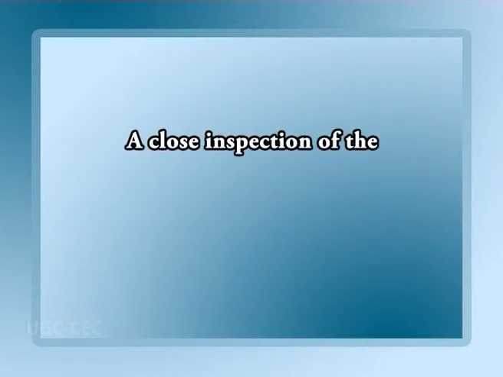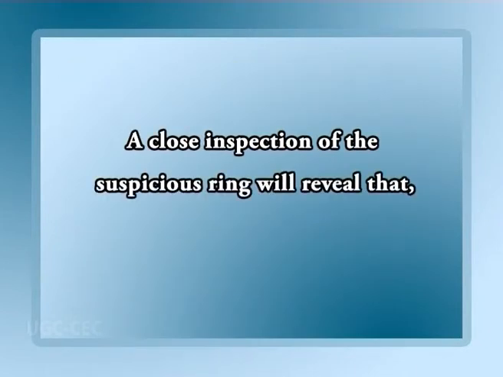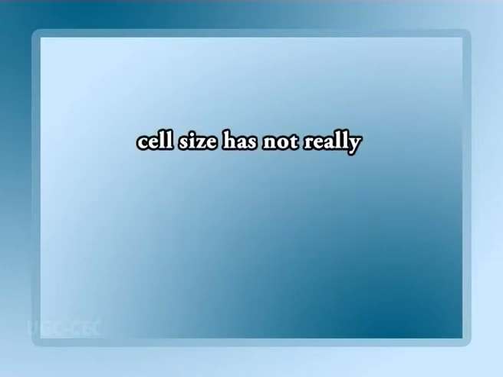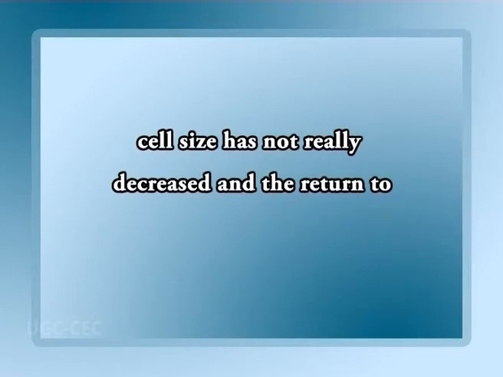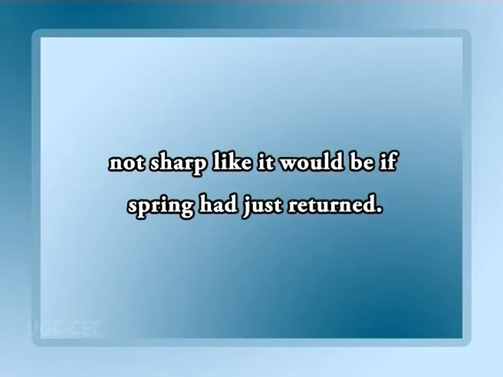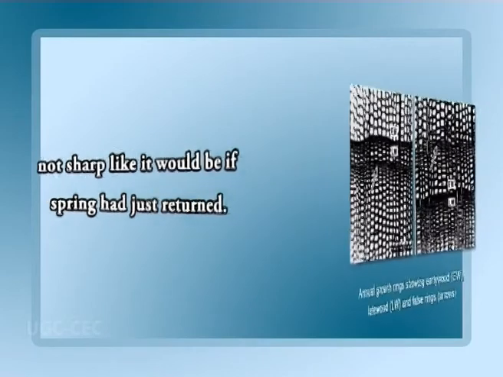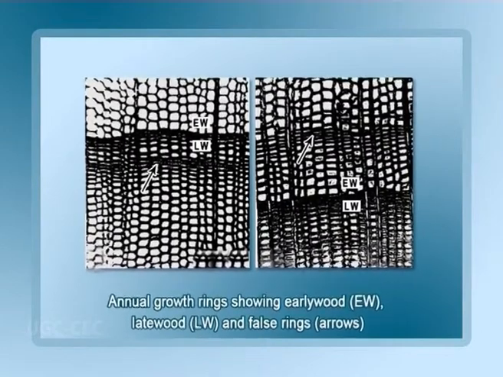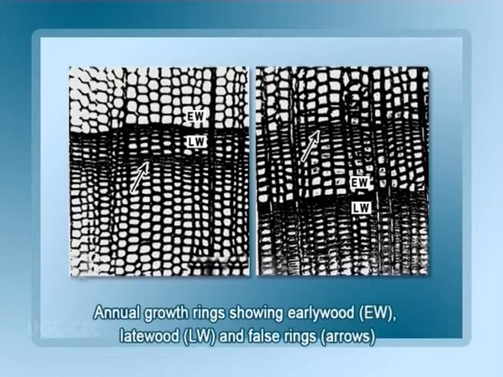A close inspection of a suspicious ring will reveal that although cell walls are thicker, cell size has not really decreased, and the return to thinner-walled cells is progressive, not sharp like it would be if spring had just returned. An annual ring with two or more false rings is sometimes called a double ring or multiple rings.